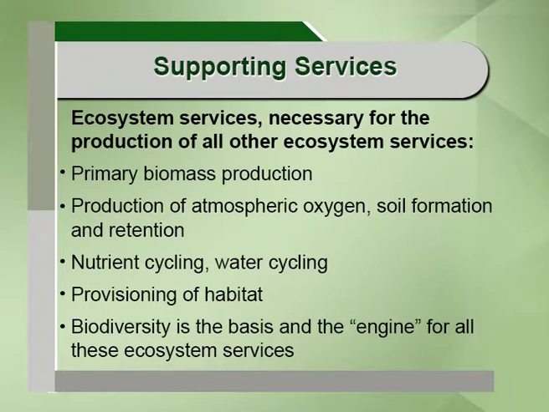Biodiversity is a basis and the engine for all these ecosystem services. So, it is a service which is necessary for supporting other ecosystem services. In nature one thing does not occur alone, but every system is connected with the others, like teamwork. They all work together, and that is how we are able to live in peace.